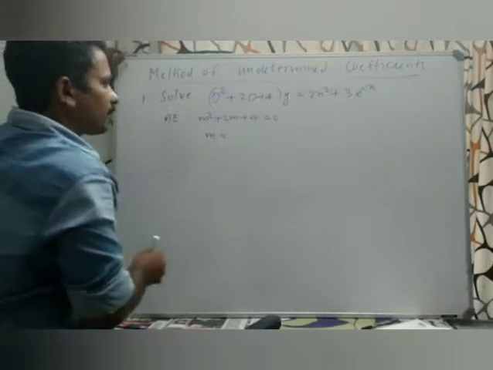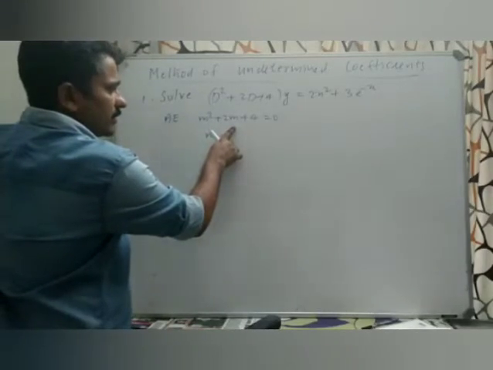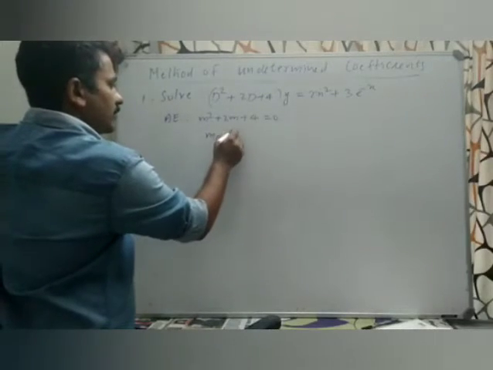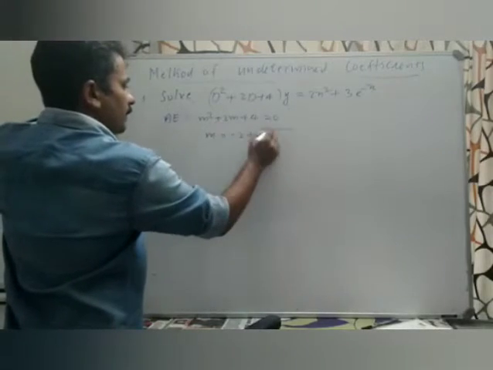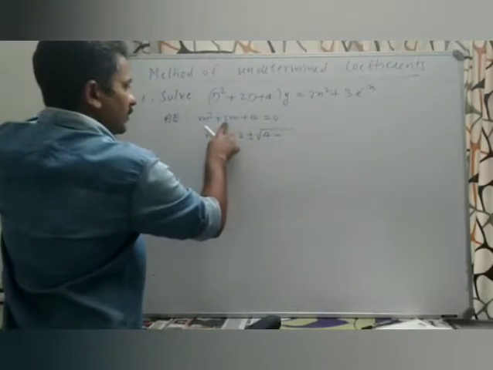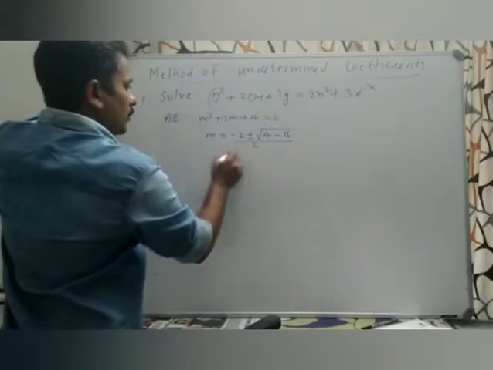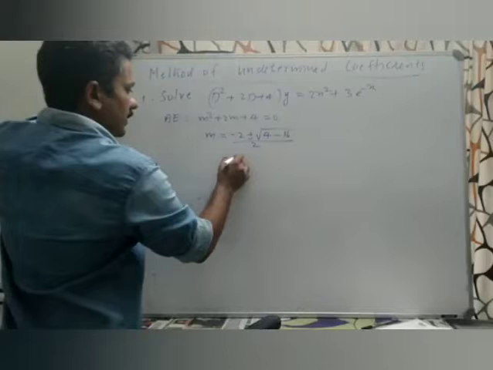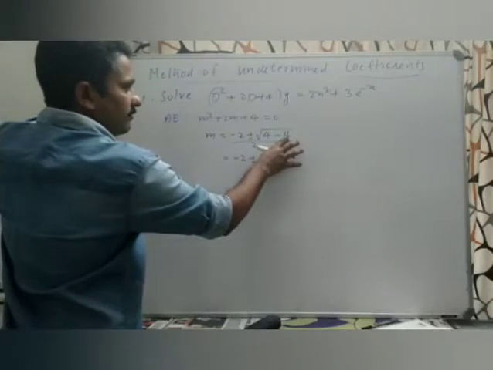M is equal to, and here I think you will get complex roots, right? Okay, let's see. M is equal to minus b plus or minus root of b square minus 4ac, 4 minus 16, over 2. So I'll get minus 2 plus or minus, this is 12.